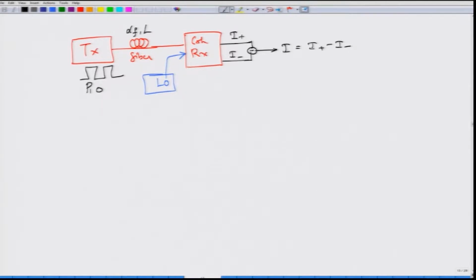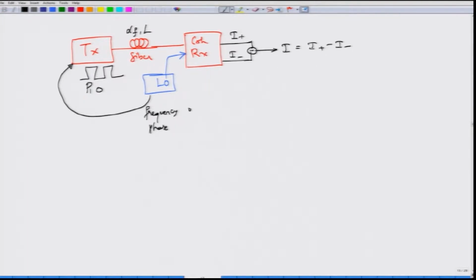At the receiver, what we are assuming at this point is that there is a local oscillator, which is a very strong optical signal whose frequency is exactly matched to that of the transmitter. Moreover, not just the frequency is matched, but also the phase is locked to that of the transmitter.